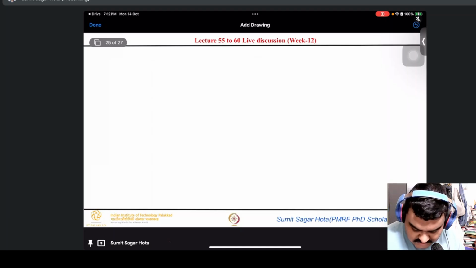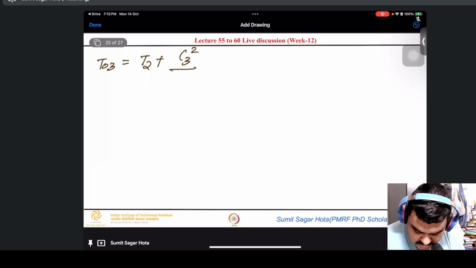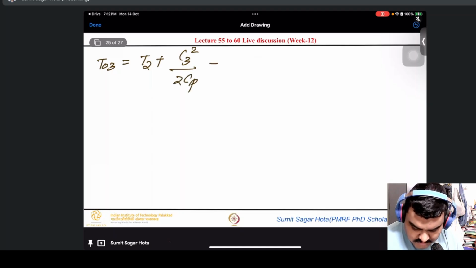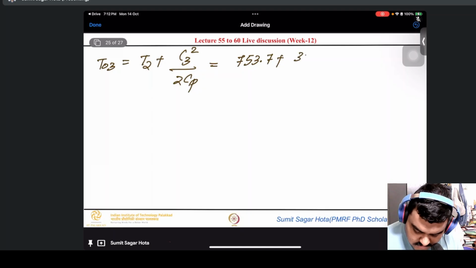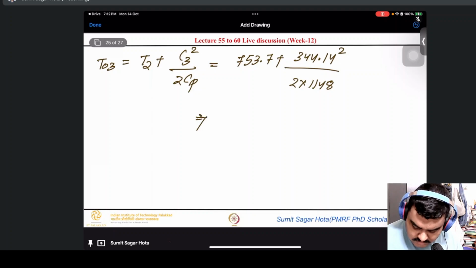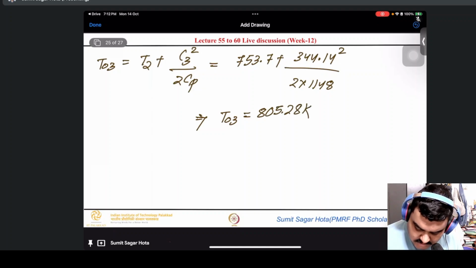T03 is equal to T2 plus C3 square divided by 2CP is equal to 753.7 plus 344.14 square divided by 2 into 1148. T03 is equal to 805.28 Kelvin.